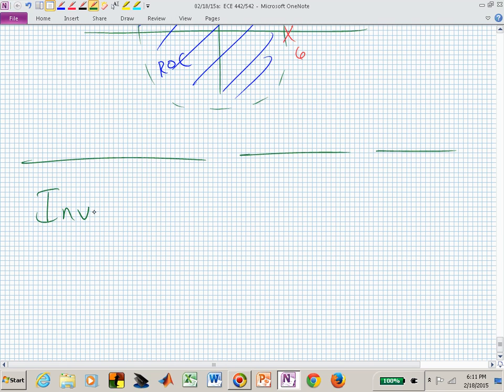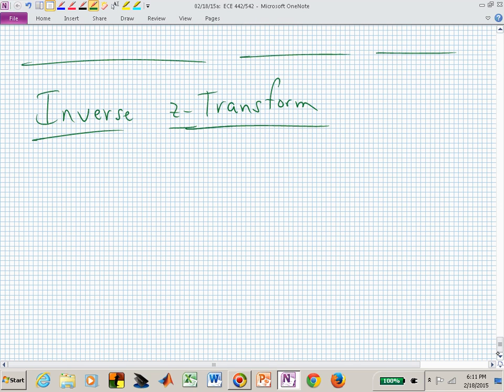Now that we have that background, the reason we're spending so much time on region of convergence and frequency domain and time domain is so that we can now talk uniquely about inverse Z transforms. Remember when I was motivating this region of convergence, I maybe said, is it possible to tell what f of n is given capital F of Z?